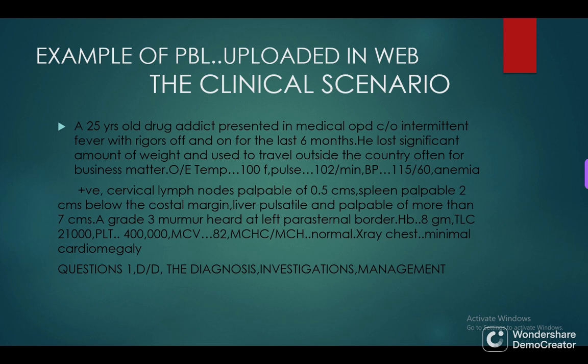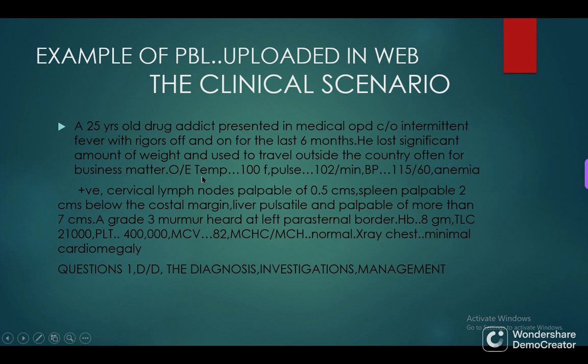Example of a PBL uploaded on the web. A 25-year-old drug addict presented in the medical OPD complaining of intermittent fever with rigors, off and on for the last 6 months. He lost a significant amount of weight and used to travel outside the country, often for business.